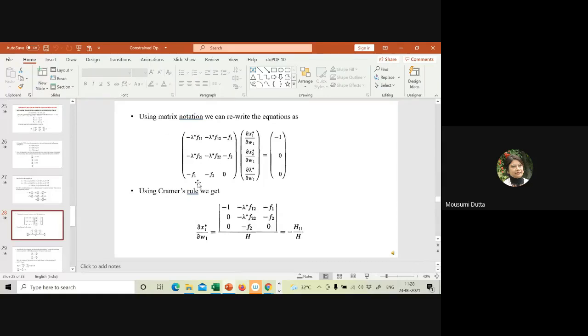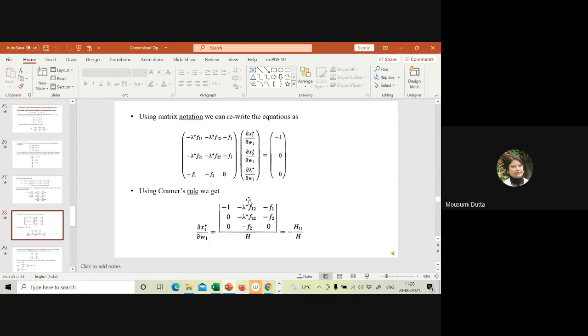So please check whether you got this matrix multiplied with del x1 star by del w1, del x2 star by del w1, del lambda star by del w1 is equal to minus 1, 0, 0. Yes, ma'am, got it.